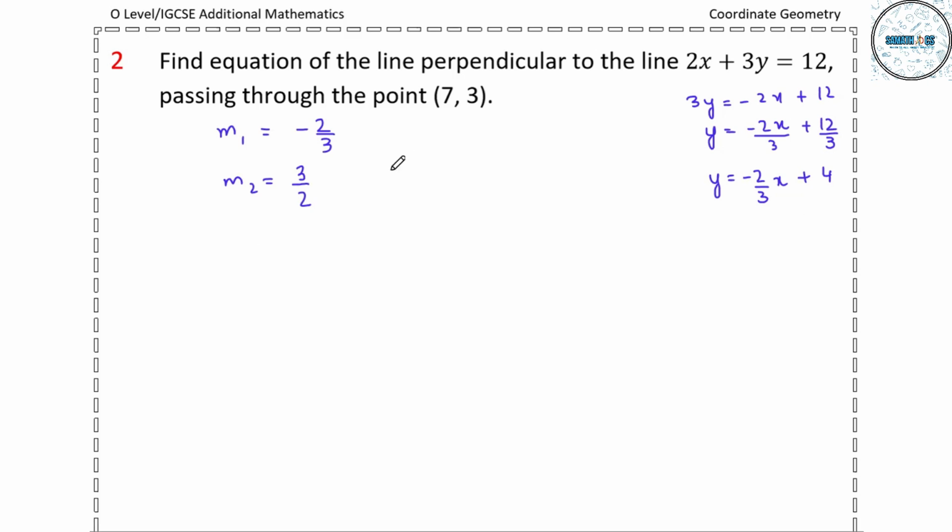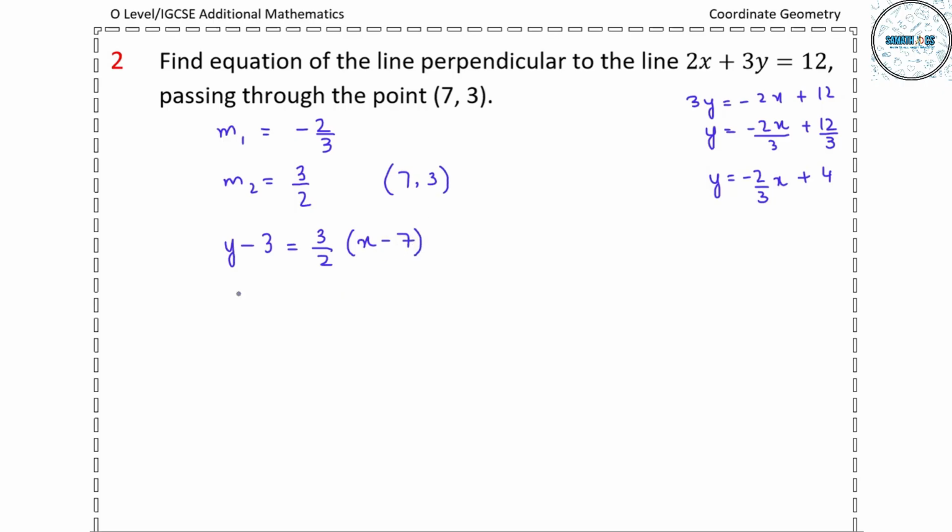And the point is 7, 3. We can use y minus y1 is equal to m(x minus x1) to form the equation. Y minus y1 is y minus 3 is equal to m is 3 upon 2, (x minus 7).